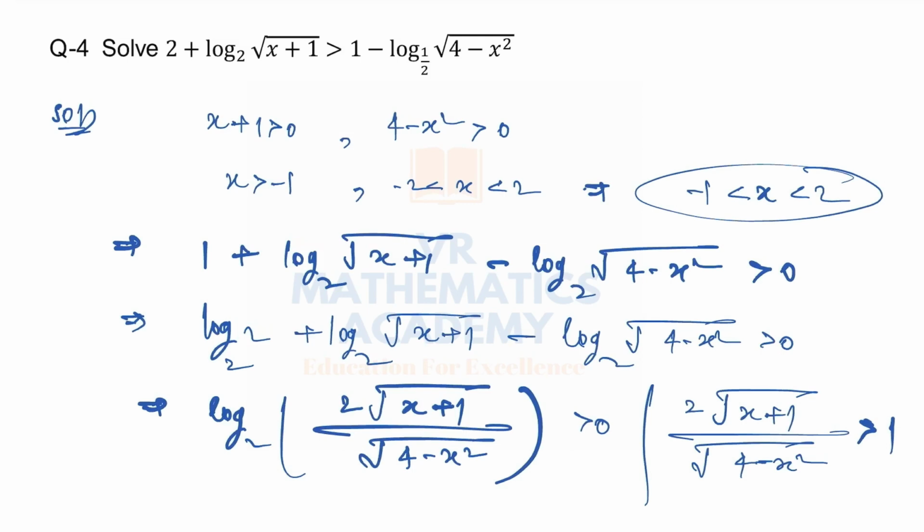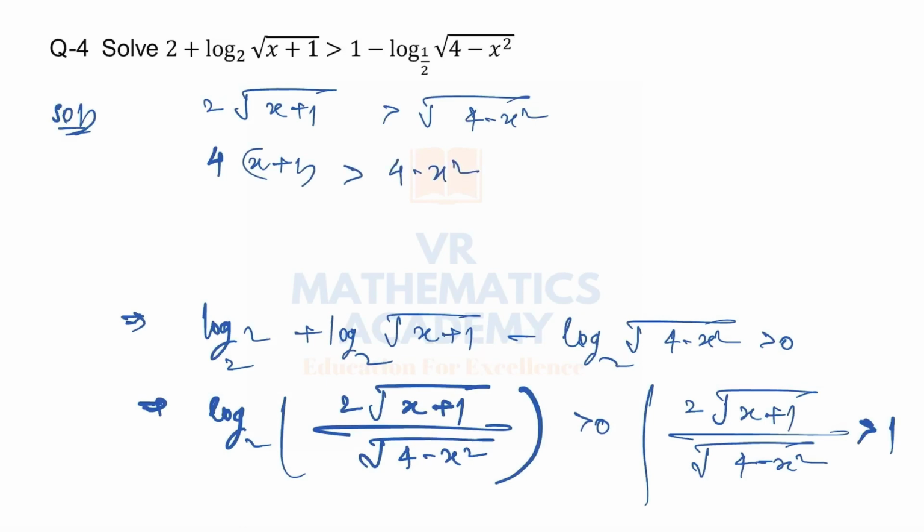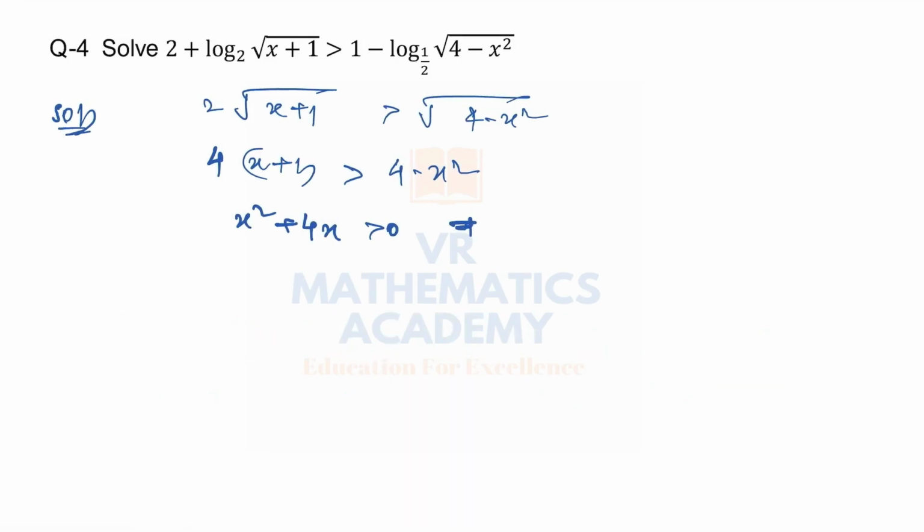Write down these steps. Now we find that twice root x plus 1 is greater than root 4 minus x square. Now squaring both sides, it will be 4 into (x plus 1) greater than 4 minus x square. That is, x square plus 4x greater than 0, that is, x into (x plus 4) greater than 0.